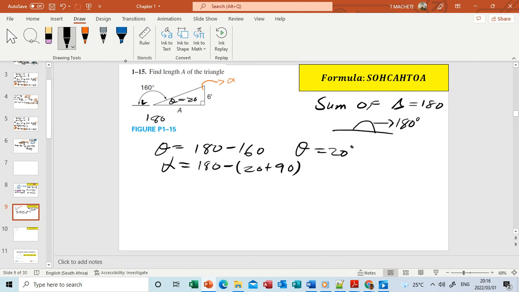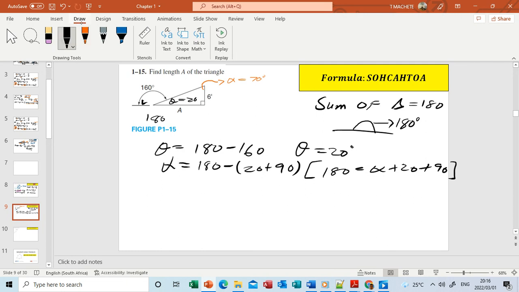Originally the equation was 180 equals alpha plus 20 plus 90. That's why they say the sum of a triangle: your angles are alpha, 20, and 90. So I just made alpha the subject of the formula. You can add those values already: 90 plus 20, then 180 minus that, so you'll get 70. I'm just showing you how to get those angles. So this one is 70 degrees.